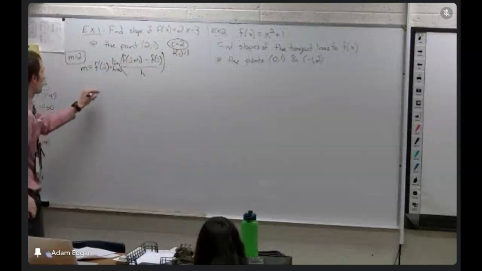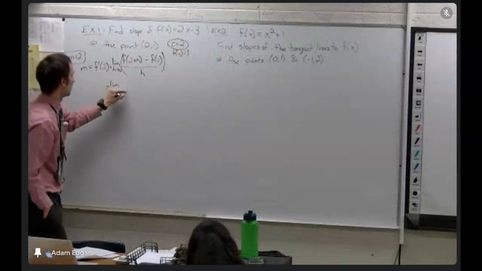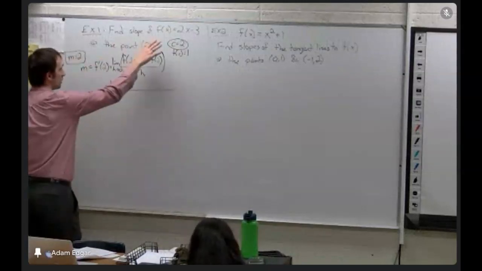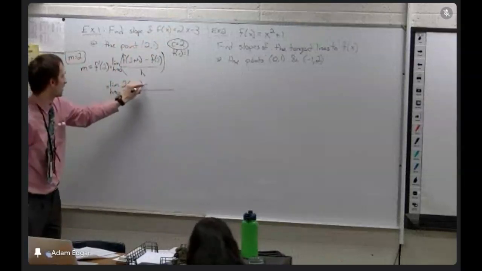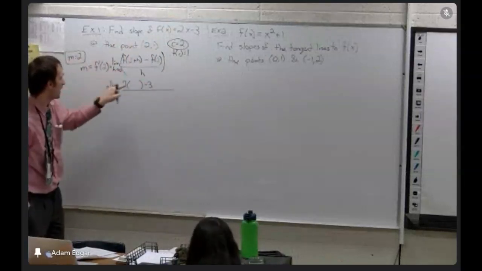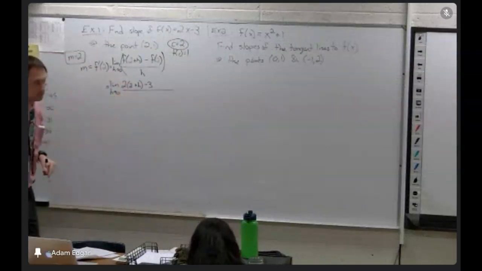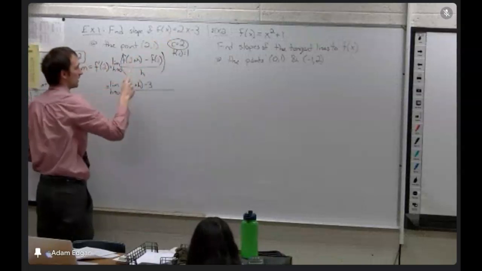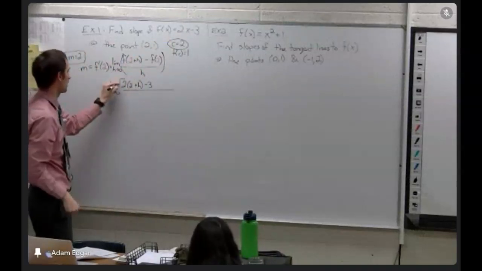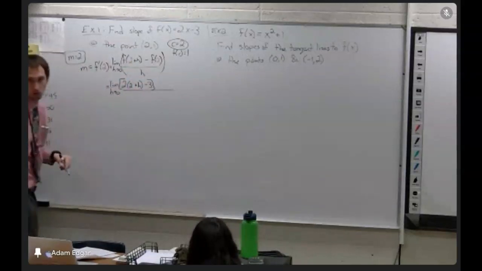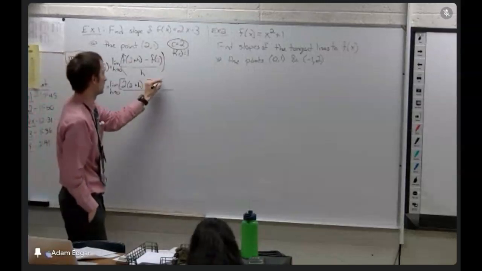So when we go to set this up, we have the limit as h goes to 0 of, what's our function? 2x minus 3. Instead of x, what's going into place of x? 2 plus h. So you're replacing the x in the function with a 2 plus h. This whole thing right here is f of 2 plus h. And then you subtract f of 2.